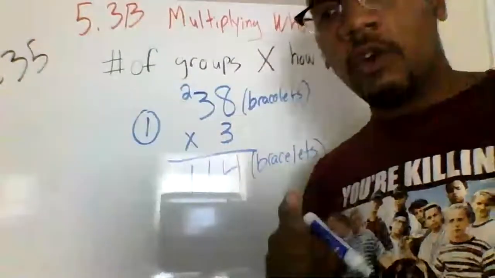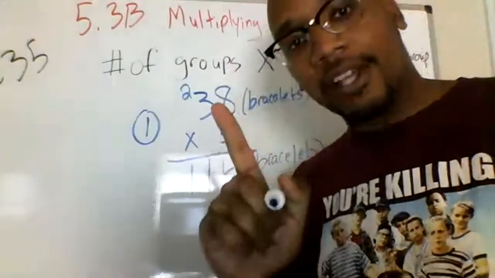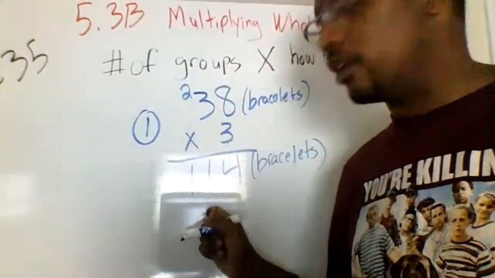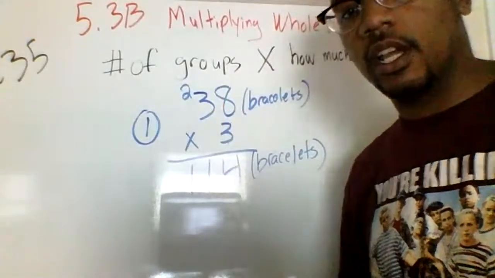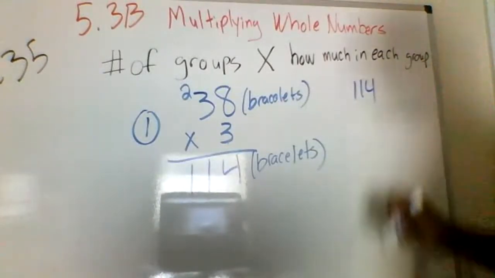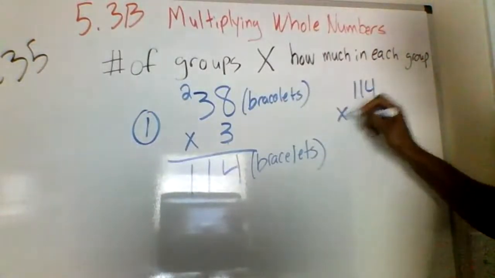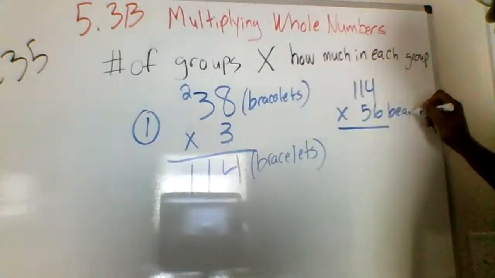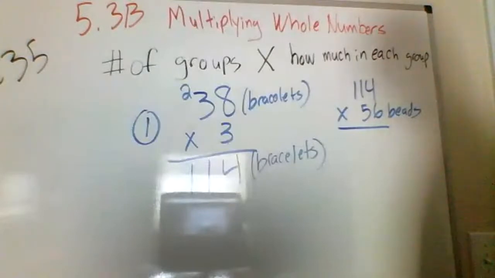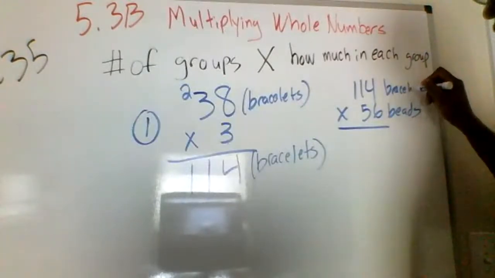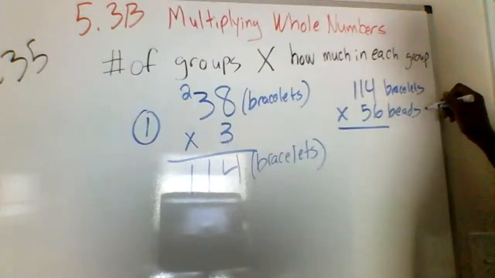So how many beads are they going to need to make 114 bracelets? So now over here, you say 114 bracelets times 56 beads in each one. This is the number of bracelets, and this is the beads in each one.